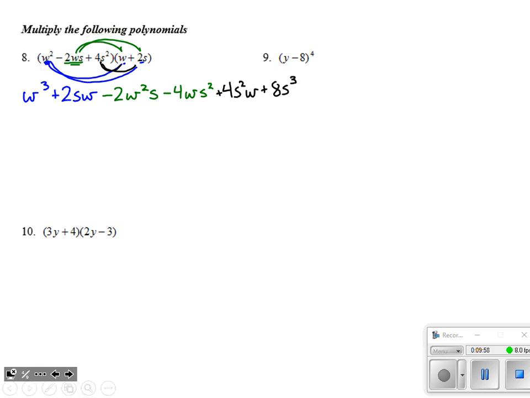And then to put the final answer down, I'm simply going to combine my like terms. I have no other w to the third terms. I have, let's see, one term that's w squared s, so minus 2w squared s.